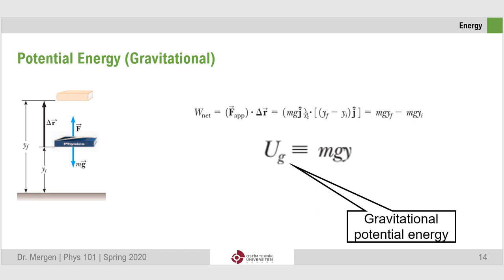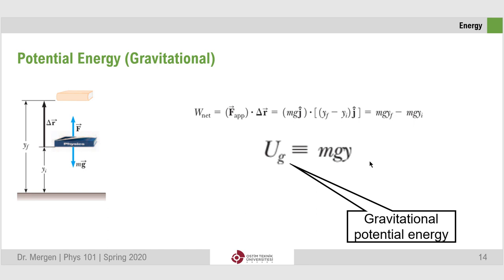And we know that the magnitude of the applied force should be equal to m times g, and since it is in the vertical direction, we need to put the unit vector j, and dot the amount of displacement, y final minus y initial, again times the unit vector j. And if you make the calculations, you'll have m g y final minus m g y initial.